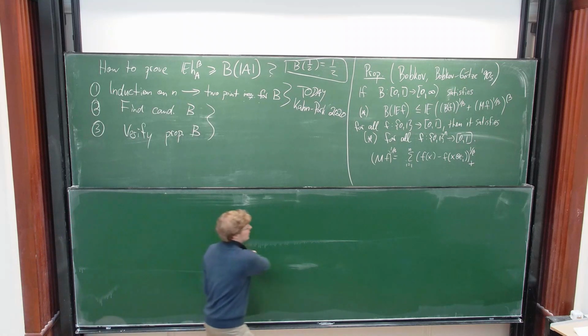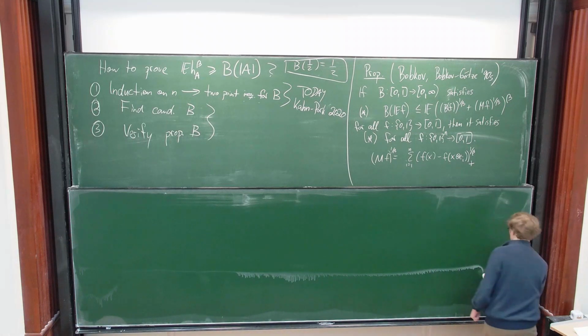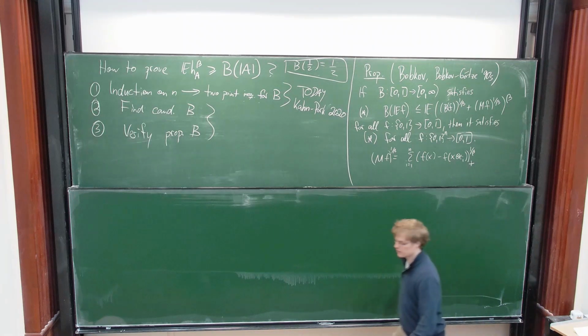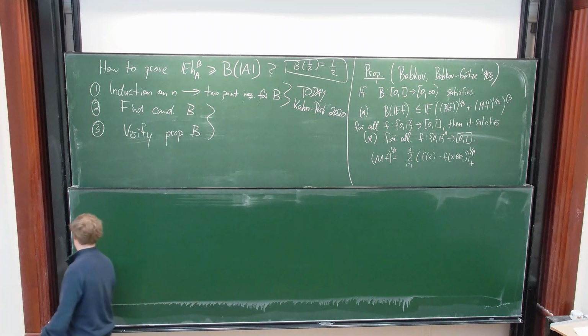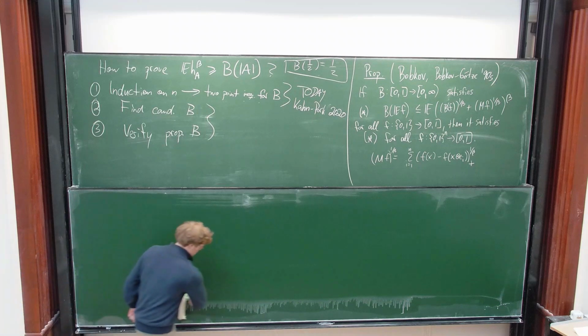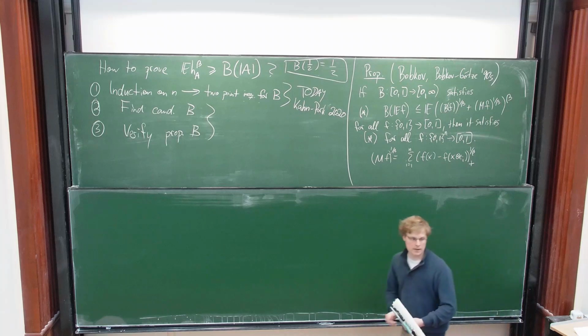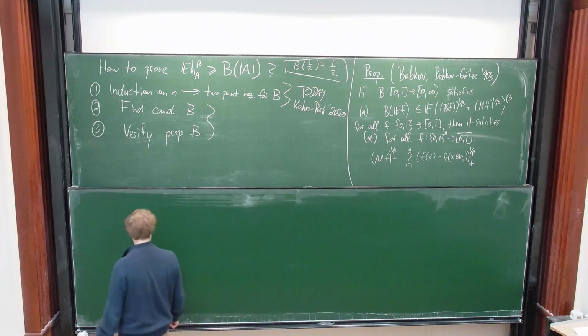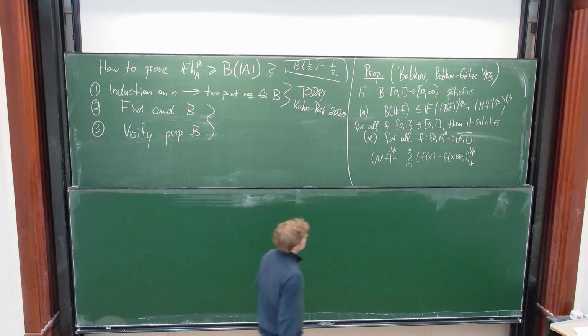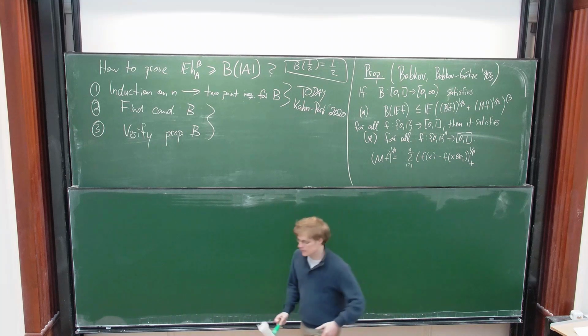What do I get if I plug in f equals indicator function into the functional inequality? What happens? Isn't it h? Yes, I get a familiar quantity, and that also justifies this funny definition.